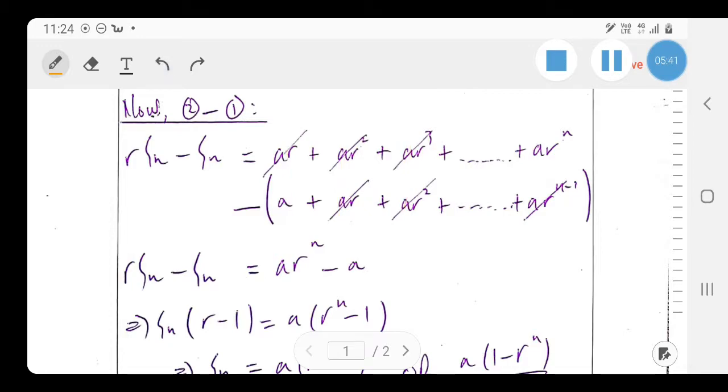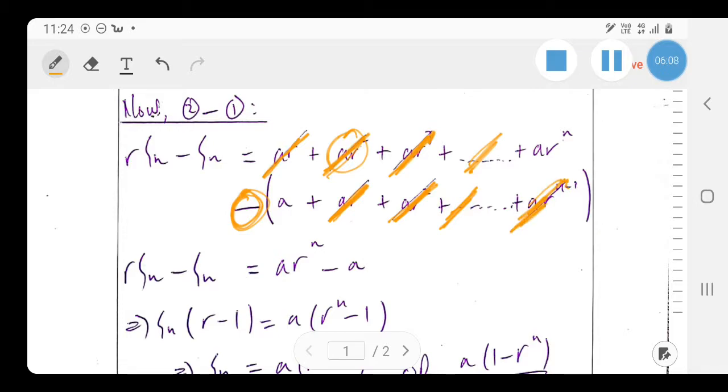So what can we do? Now we can start cancelling some things out, because this is a positive AR minus this AR, so they disappear. AR squared here minus AR squared here. And so we do all of this diagonal cancelling.